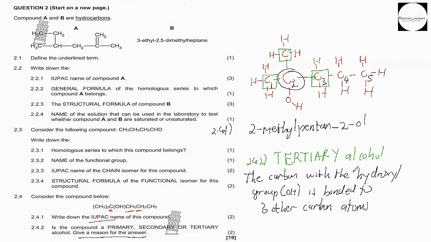Okay, so the carbon with the hydroxyl group is bonded to 3 other carbon atoms, or you can say the carbon with the hydroxyl group is surrounded by 3 other carbon atoms, right? Okay, so that's how you were supposed to tackle all of this question for a total of 19 marks.